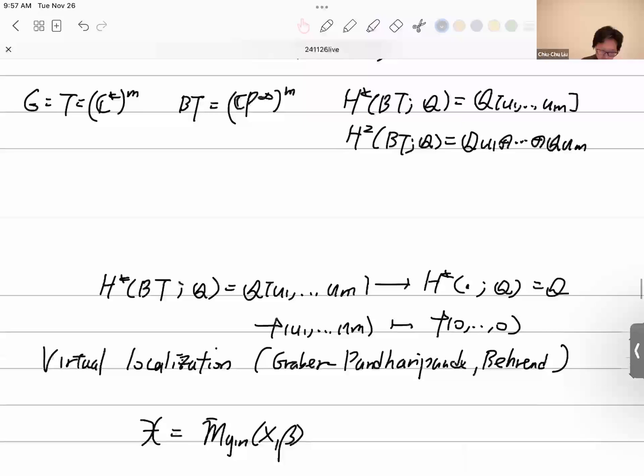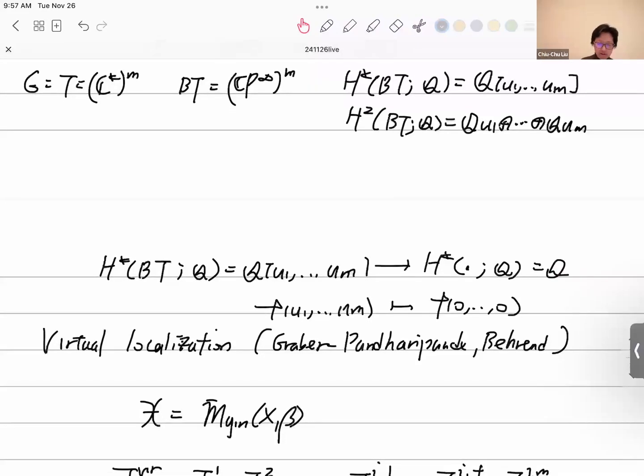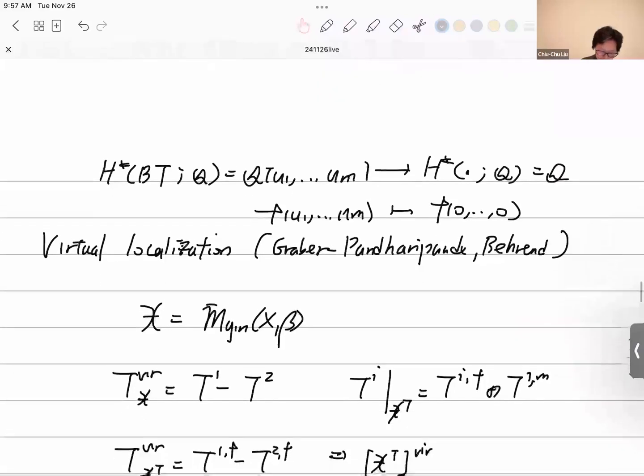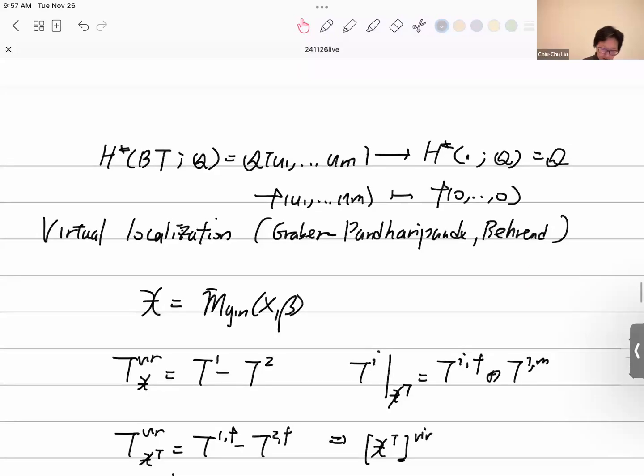Let me recall the virtual localization proved by Graber, Pandharipande, and Kai Behrend. It's a virtual version of the Atiyah-Bott localization formula. Let's call the fixed locus the curly F of the moduli space M bar g,n(X, beta).